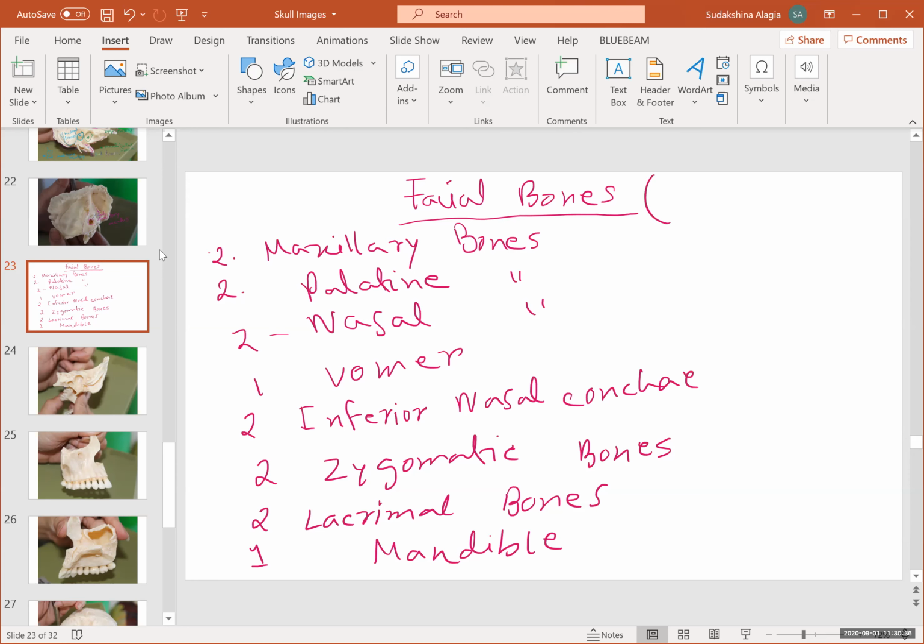Total 14 facial bones. Out of these, maxilla and mandible are a little more complex.